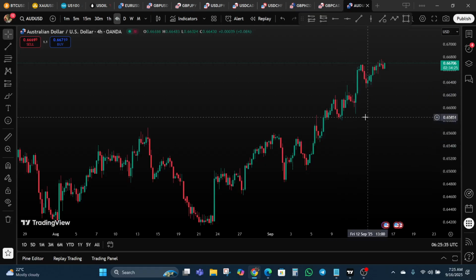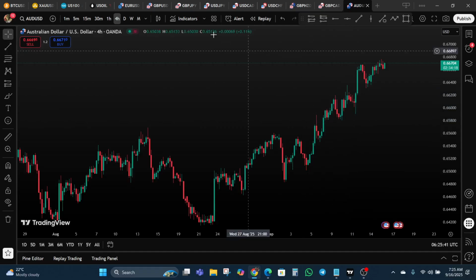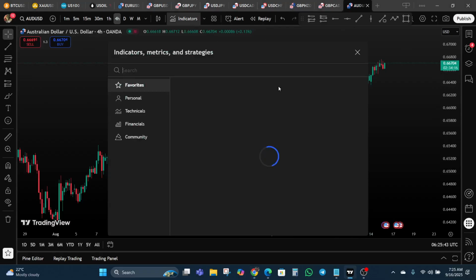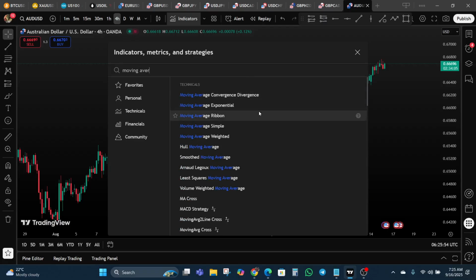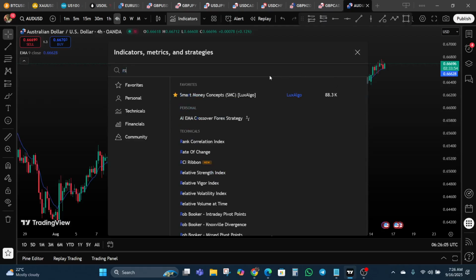One of the most essential parts of using TradingView effectively is indicators. A great starting point is combining moving averages with the relative strength index, or the RSI.